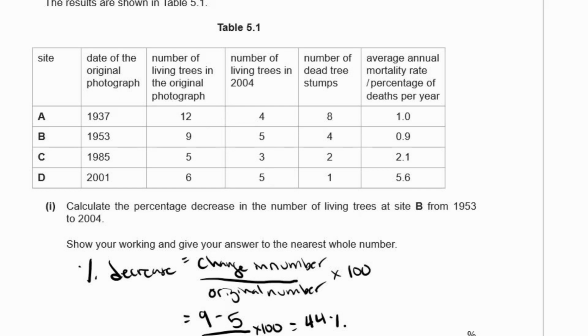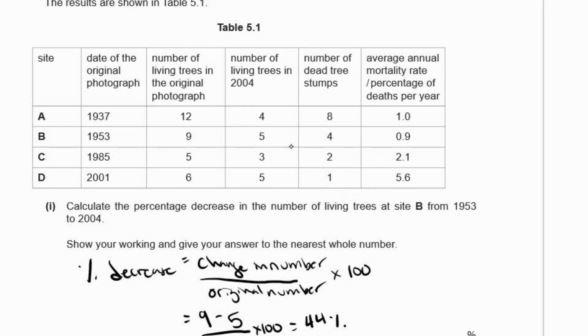You can see that site D has the highest annual mortality rate, and site B has the lowest. However, site D has actually lost the fewest number of trees. It's just the percentage of deaths per year.